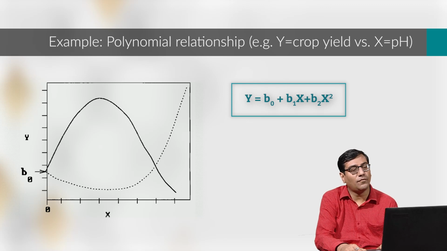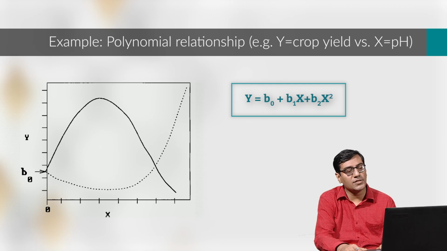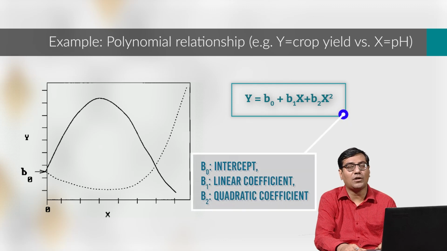Here we observe y, the crop yield, dependent upon x, the pH factor, and x is also considered in the square form, so that b2 is the quadratic coefficient. So b1 is a linear coefficient and b2 is the quadratic coefficient. Both of them exist together.